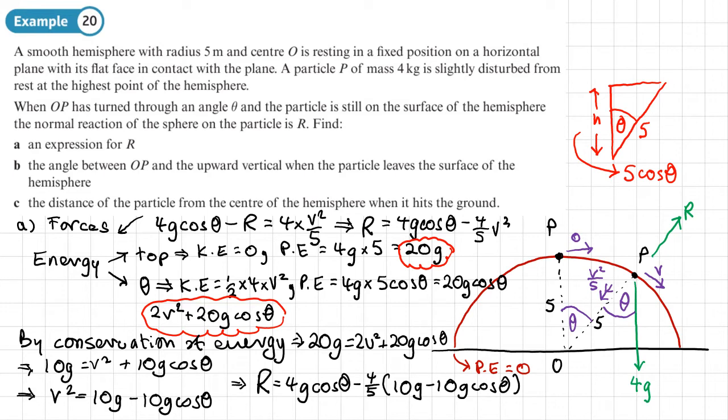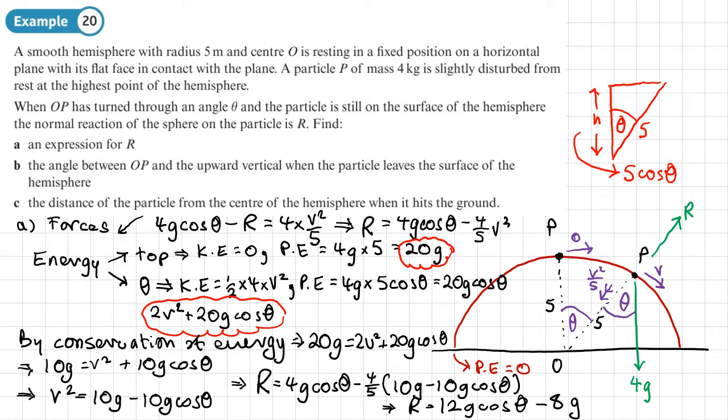And we'll see if we can simplify that. I think we can. So we've got 4g cos theta. Once we've worked out minus 4/5 of negative 10g cos theta, that will give us plus 8g cos theta here. So plus that to the 4g gives us 12g cos theta. And then we're going to subtract 8g, so minus 8g.